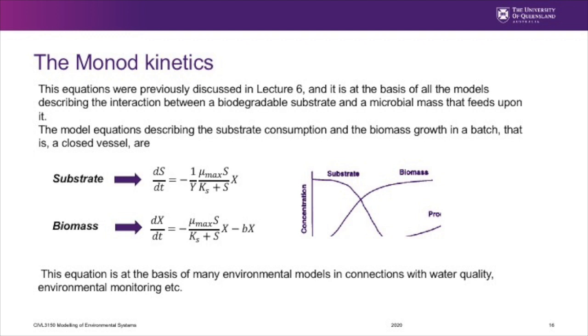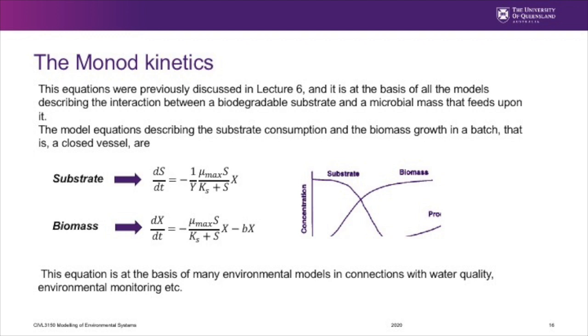It also includes a yield component because this is in terms of biomass. This is interrelated to the biomass. So therefore, there is a need to have a yield that transforms the terms of biomass to terms of substrate, of units of substrate.